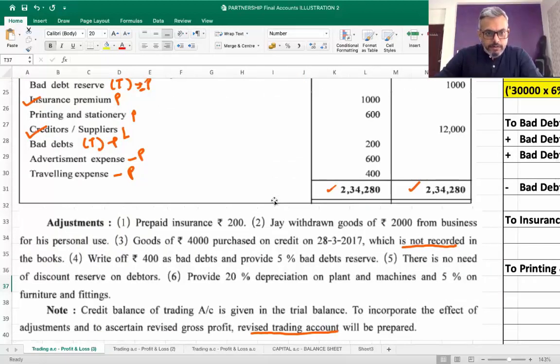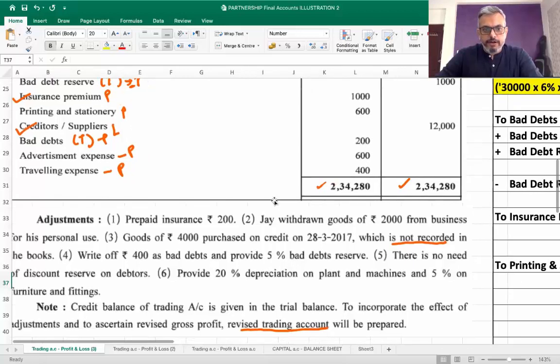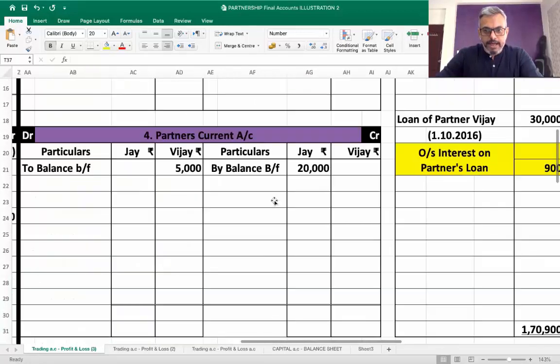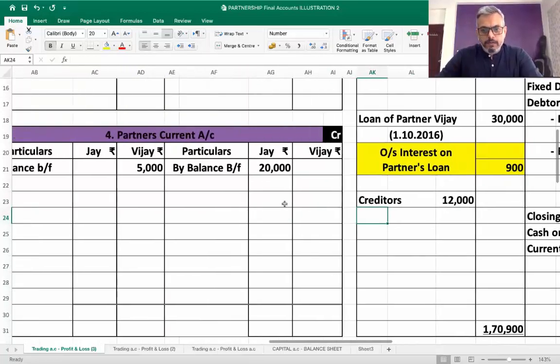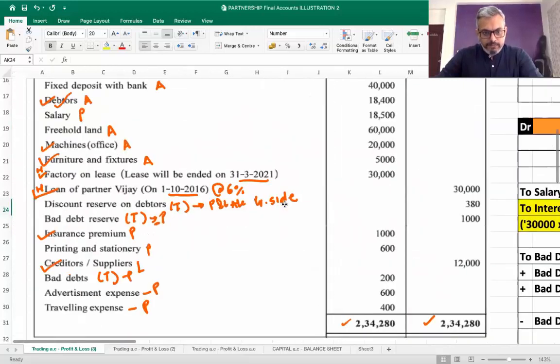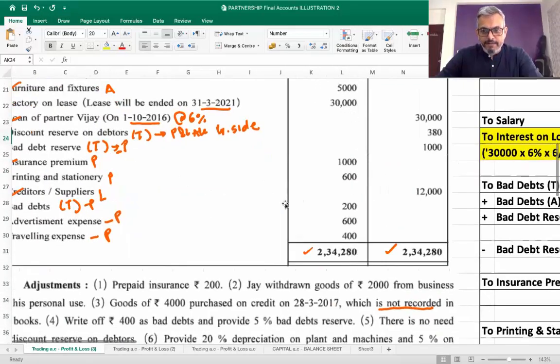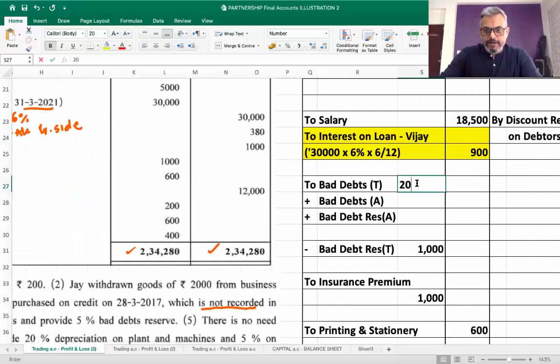And creditors inner column 12,000. Balance sheet liability side. We have unrecorded purchase over here. Later on, bad debt as per trial balance we already have 200. We have made the format.